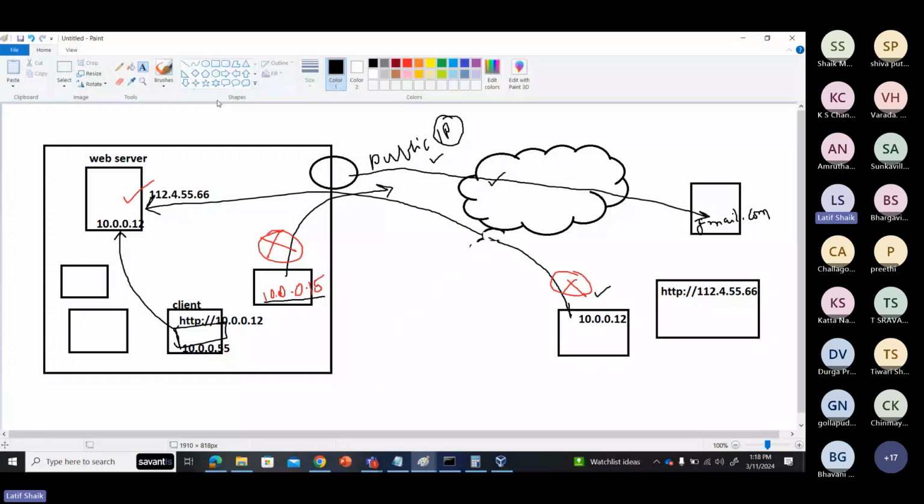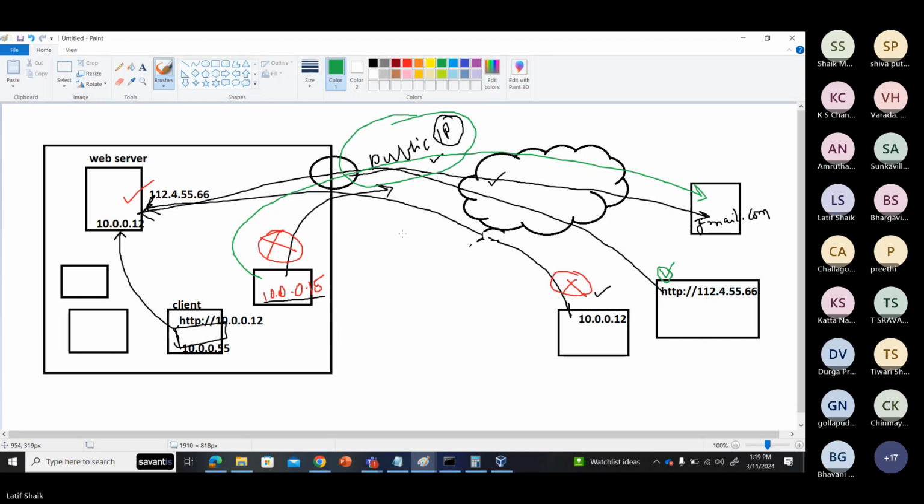With a private IP you can't access, but with a public IP you can. The request goes through the internet, comes to your network and reaches your web server. So to communicate outside your network, you need a public IP address.